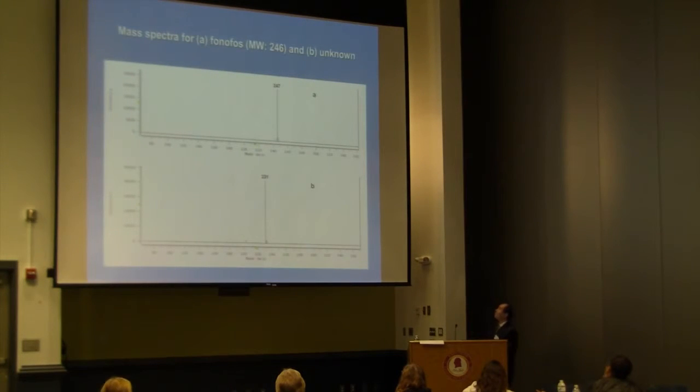And then we found that this is the anode. This is a mass spectrum of the anode. We use the mass spectrometer to try to characterize that anode compound, and we found that it has a molecular weight of 231, and this is the parent.